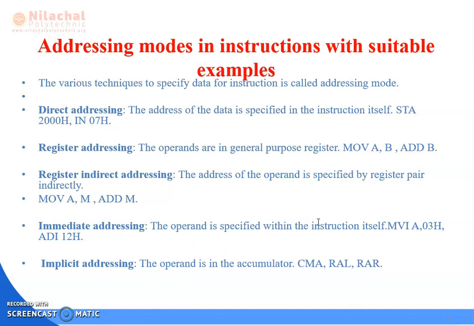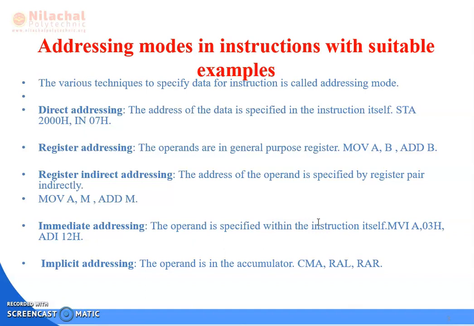There are 5 types of addressing modes: direct addressing mode, register addressing mode, register indirect addressing mode, immediate addressing mode, and implicit addressing mode. In direct addressing mode, the address of the data is specified in the instruction itself. For example, STA 2000H, IN 07H.